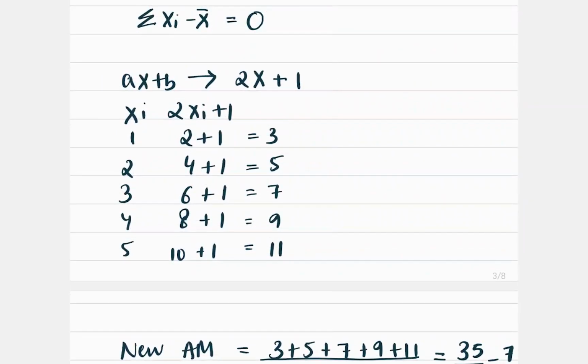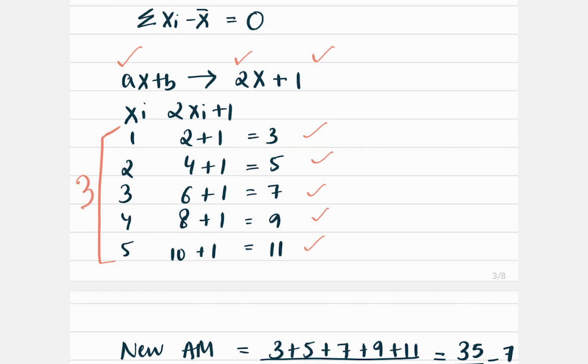So let's say a, which is the change of scale, is 2 and the change of origin b is 1. First I will take the data set 1, 2, 3, 4, 5 and if I multiply this by 2 and add 1, I will get 3, 5, 7, 9 and 11. Earlier, the arithmetic mean of this data would have been 3.